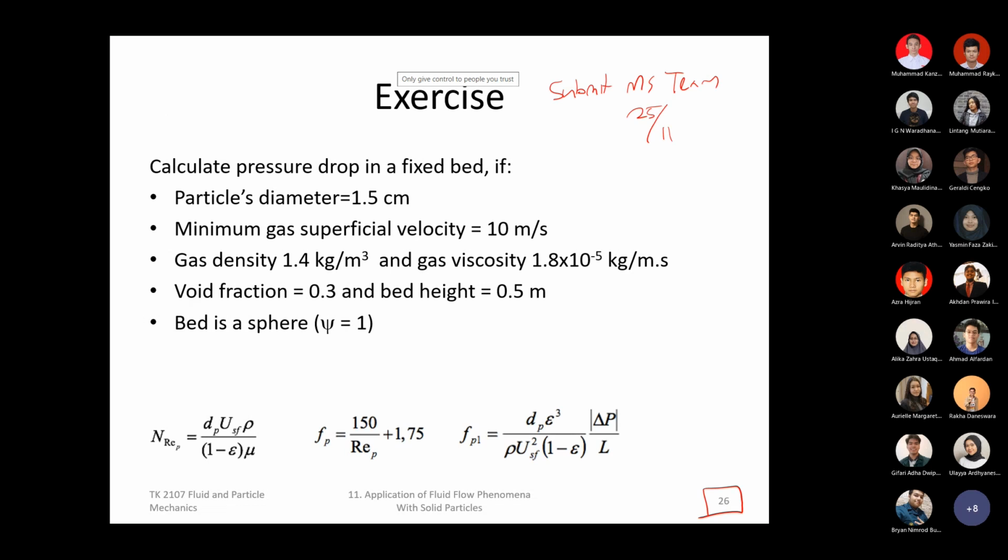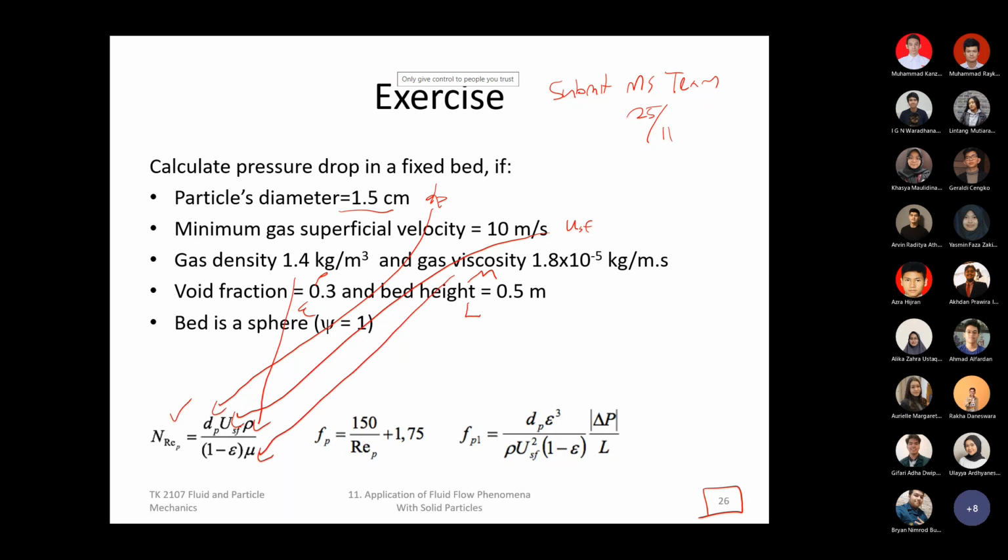So again, as I explained before, that's your dp, that's your USF, that's your density, that's your mu, that's your epsilon, that's your L. Check those numbers: dp is available, USF is available, rho is available, mu is available.